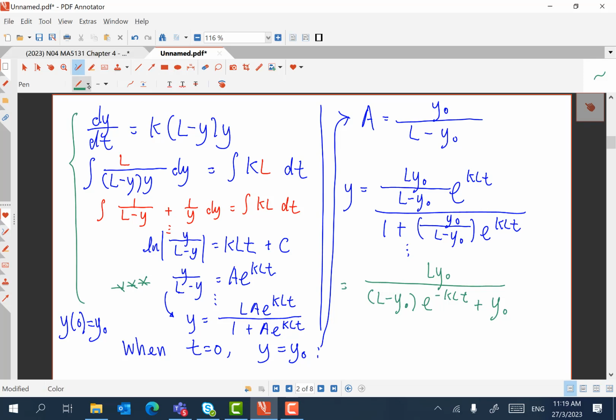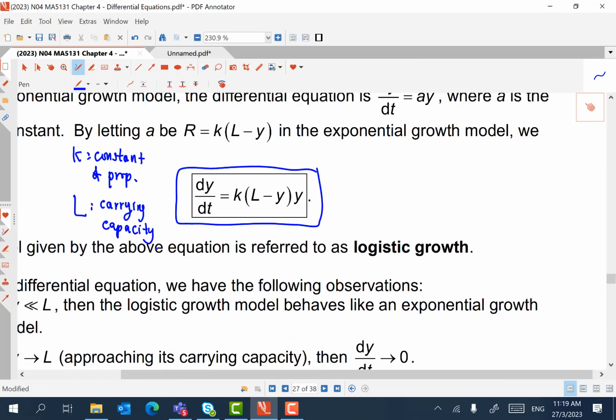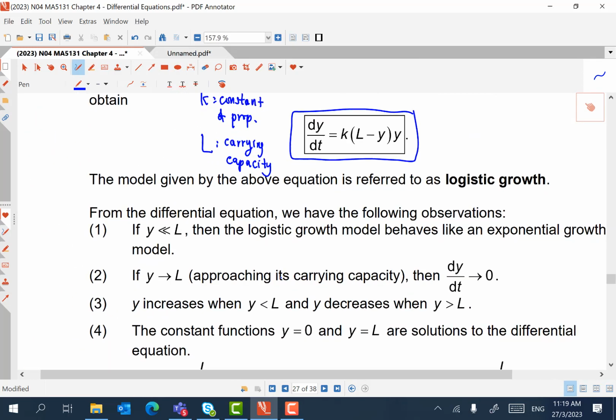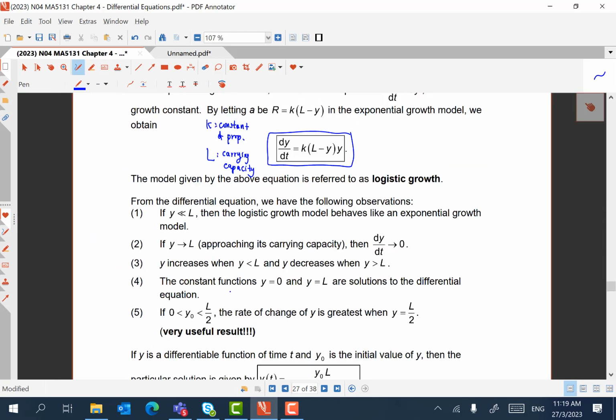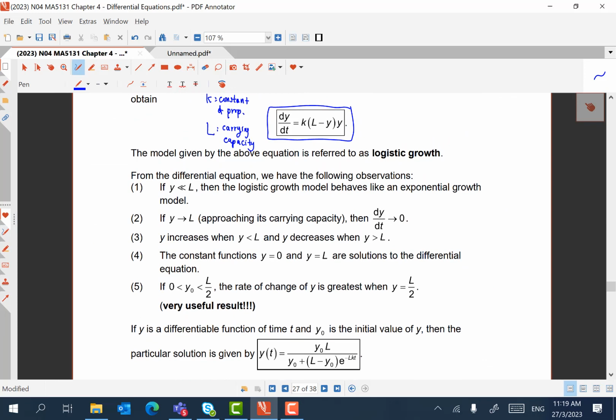So what I've done is, I'm telling you that from this given DE, you go through the solution that I just showed you, and you will be able to obtain this solution. So this DE, and then this is the solution.